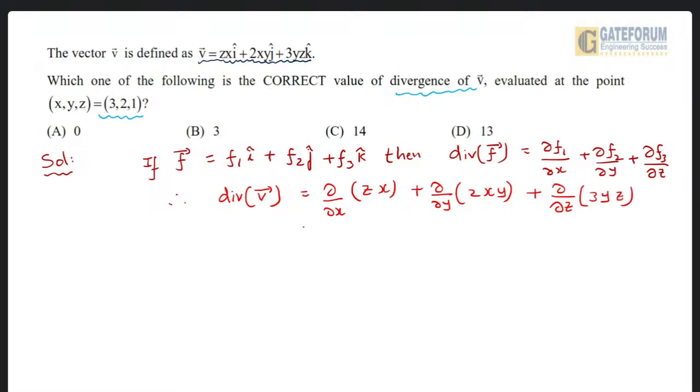With respect to x, partial derivative, z is constant, x derivative 1, so this simplifies to z, plus with respect to y, partial derivative, 2x constant, y derivative 1, with respect to z, partial derivative, 3y constant, z derivative 1. Now they are asking at the point. Let us denote the point 3, 2, 1, x value 3, y value 2, z value 1, substitute here. 1 plus 2 into 3, x value, plus 3 into 2. So this simplifies to 13. So the answer is 13. Accordingly, the option is D.